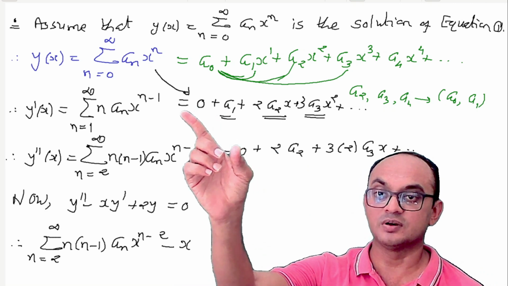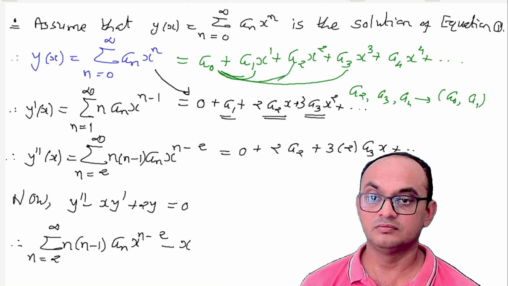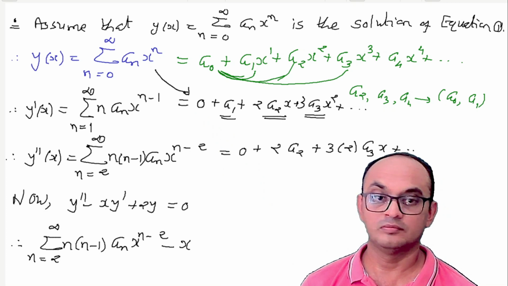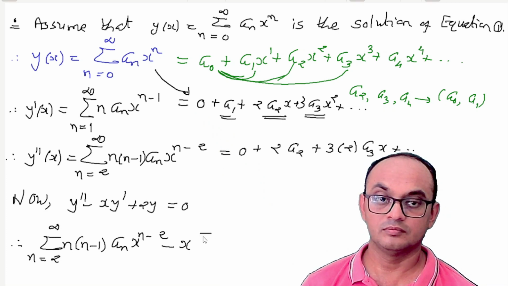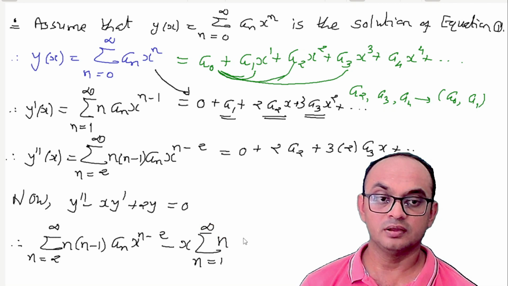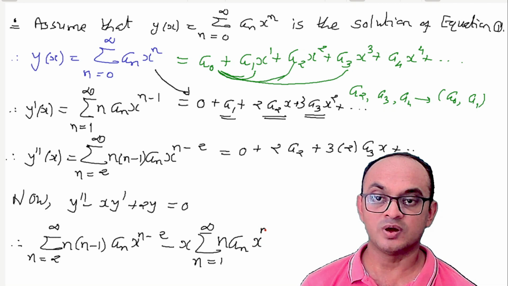Y dash is this one, summation n is equal to 1 to infinity n an x raised to n minus 1 plus 2y equal to 0.